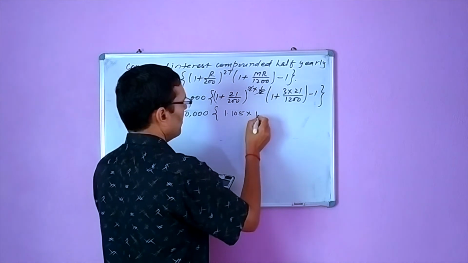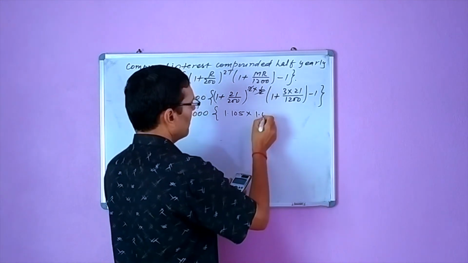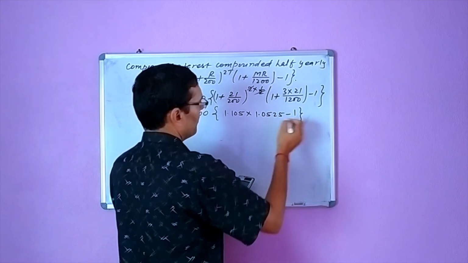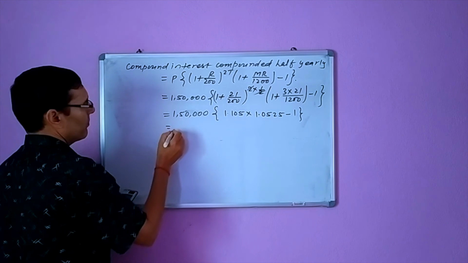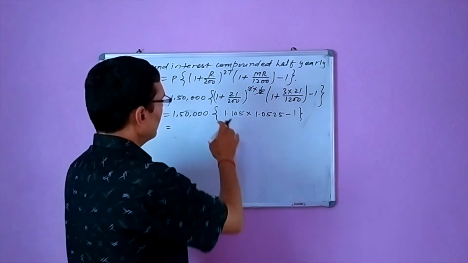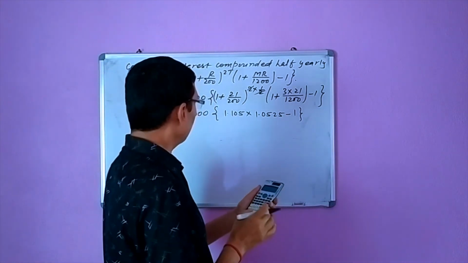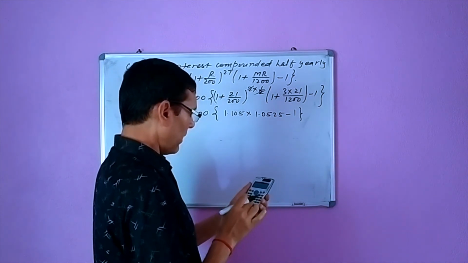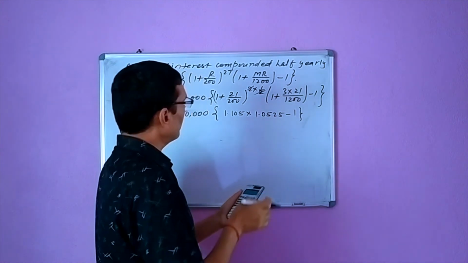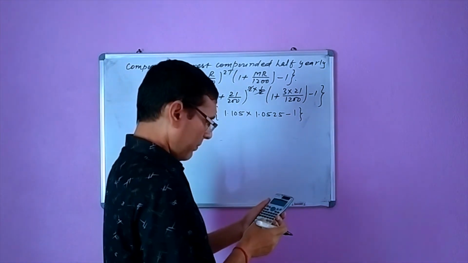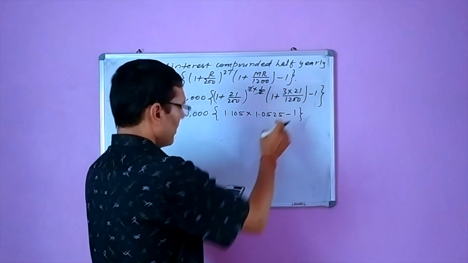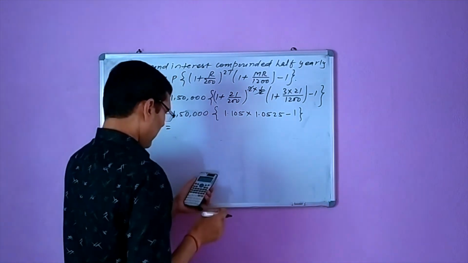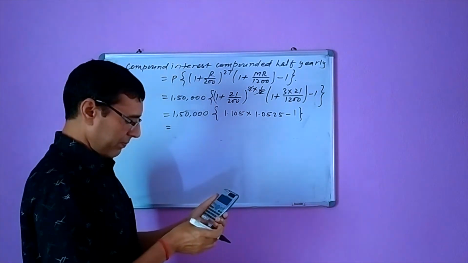It gives 1.0525 minus 1. So multiplying these two, 1.105 into 1.0525 minus 1 into 1,50,000 at a time.